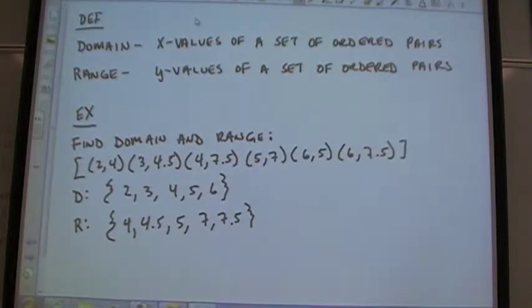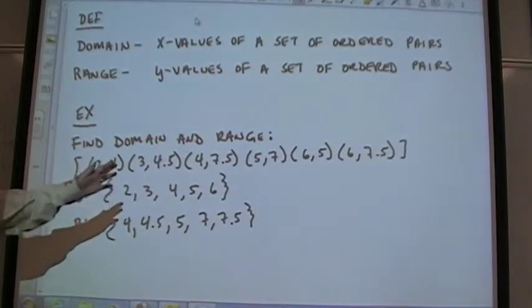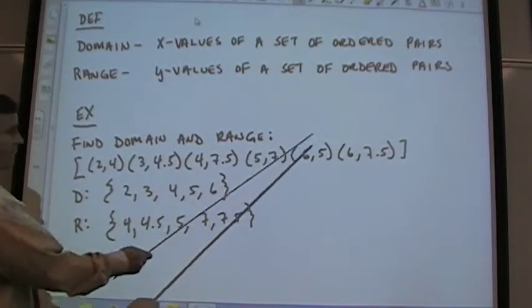So for the set of points (2, 4), (3, 4.5), (4, 7.5), (5, 7), (6, 5), (6, 7.5). For my domain, all I do is, in order from least to greatest, list out the x values. So that's where I get 2, 3, 4, 5, and 6.